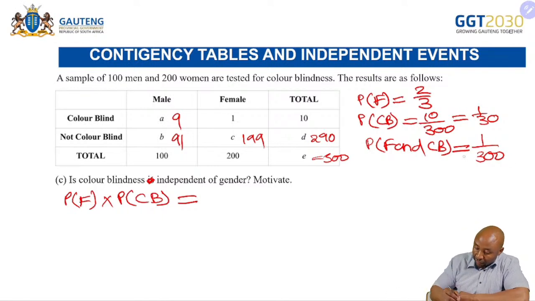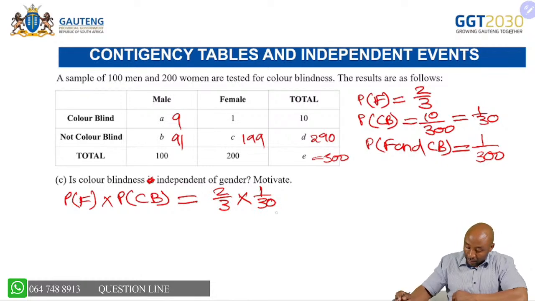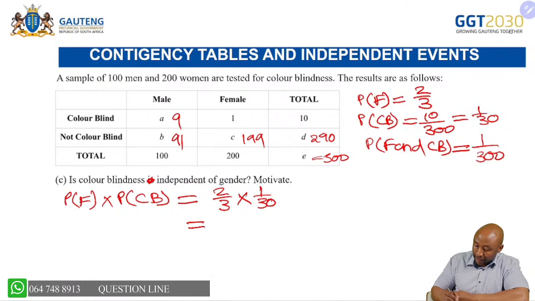So the probability of being female, I got 2/3 multiplied by the probability of colorblind irrespective of gender. We said 10/300, that gave us 1/30. Now let's do the calculation. 2/3 times 1/30, this will give us 1/45.